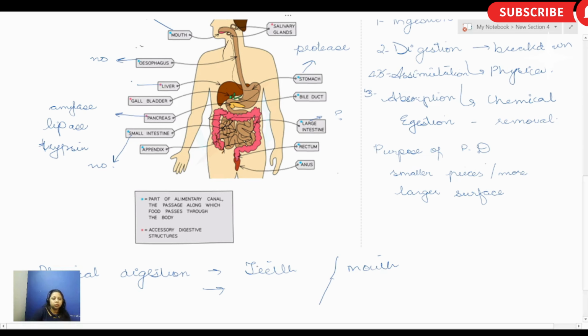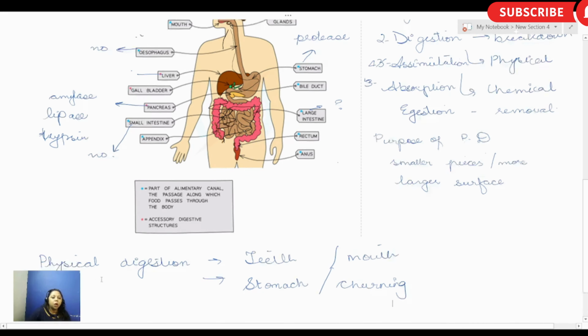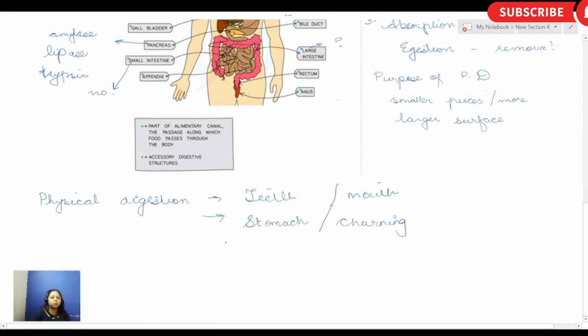Stomach. Okay, stomach. And how? There would be contraction and relaxation of the stomach, so it is called churning. You need to learn this name.